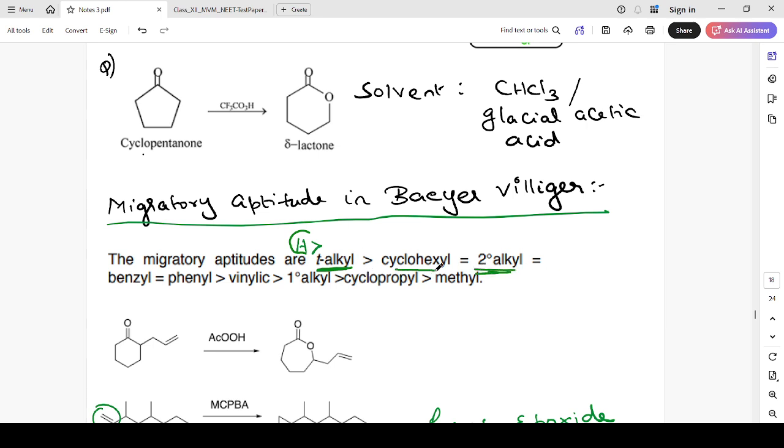Secondary alkyl or cyclohexyl, benzyl, phenyl, vinylic are almost equivalent here, followed by primary alkyl, cyclopropyl and methyl.